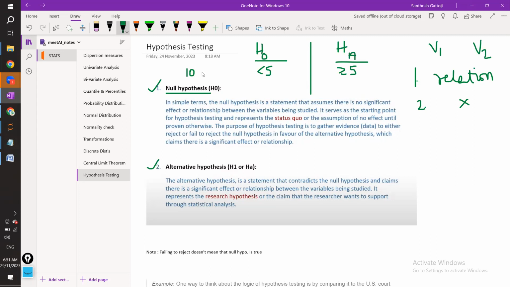Alternate hypothesis. 20, alternate. 6, alternate only. 3, null hypothesis. 1, null hypothesis. 5, alternate. So you cannot find a situation where you will accept both or reject both. Can you give me any number where you will accept both? No, right?